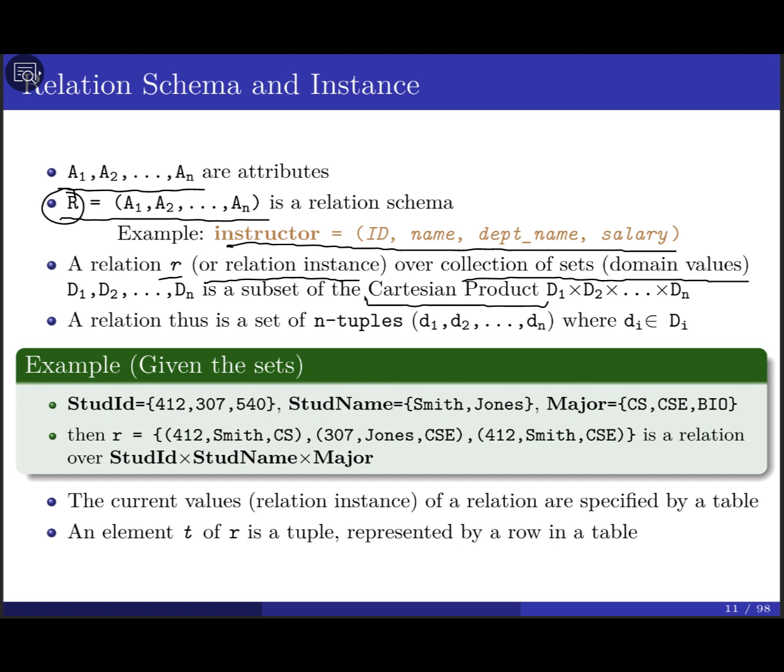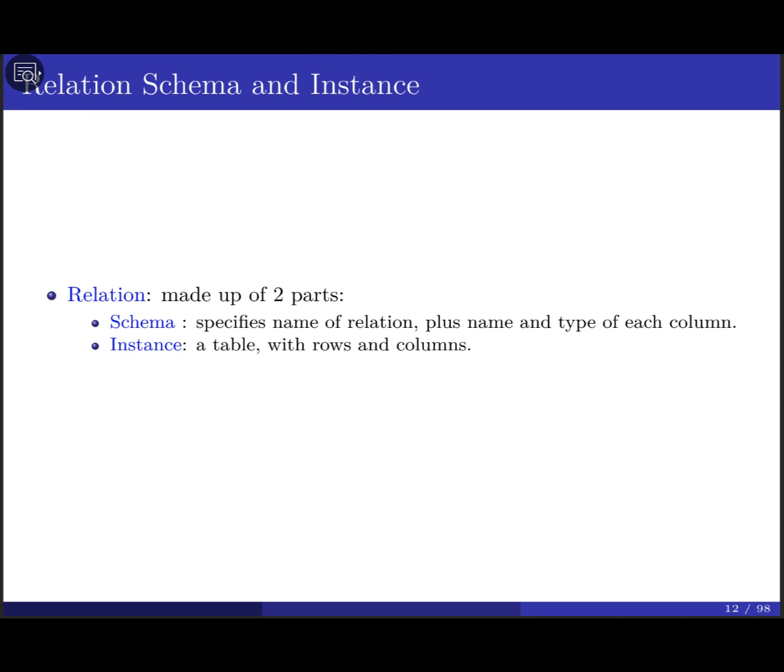Let me go back. I think I'm going to use this one here. So assume that, for simplicity, you have a relation R that has attributes A and B. Attribute A is going to have, let's say, Alice and Bob, and B is computer science and math.